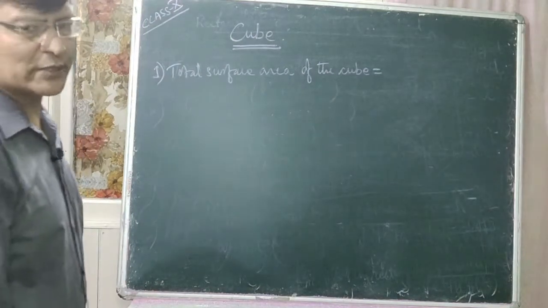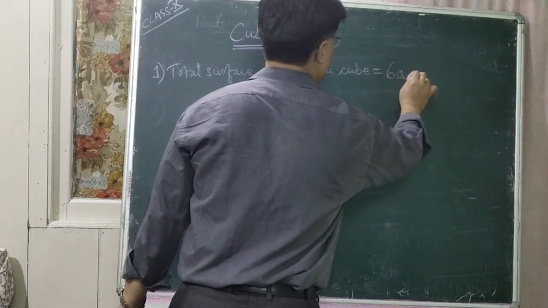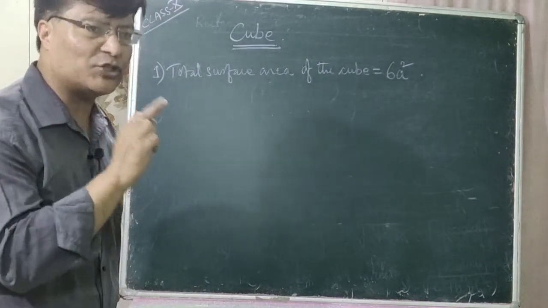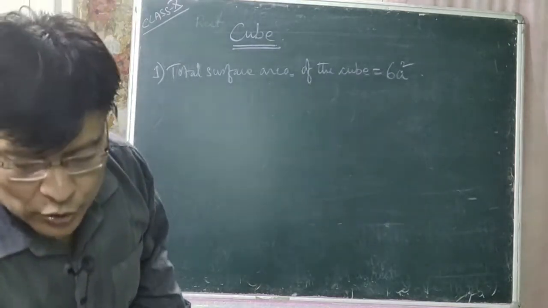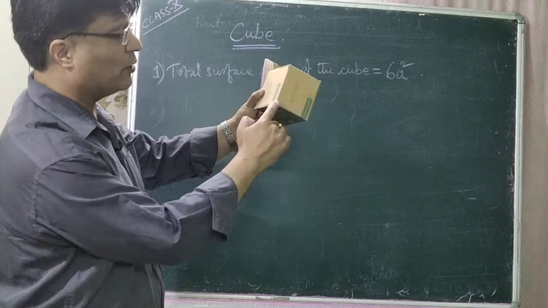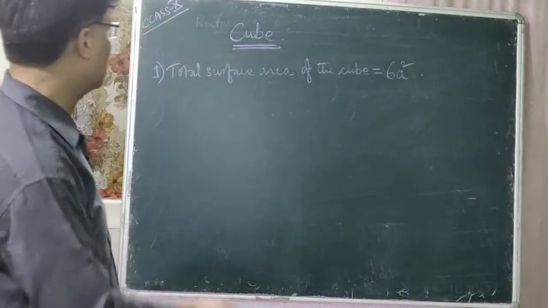What is the total surface area of the cube? That is your 6A square, right? 6A square, where A is equal to the length of each edge of the cube. Each length of this cube, this is also A, this is also A, this is also A, because in it length, breadth and height are all what? Equal. Okay?